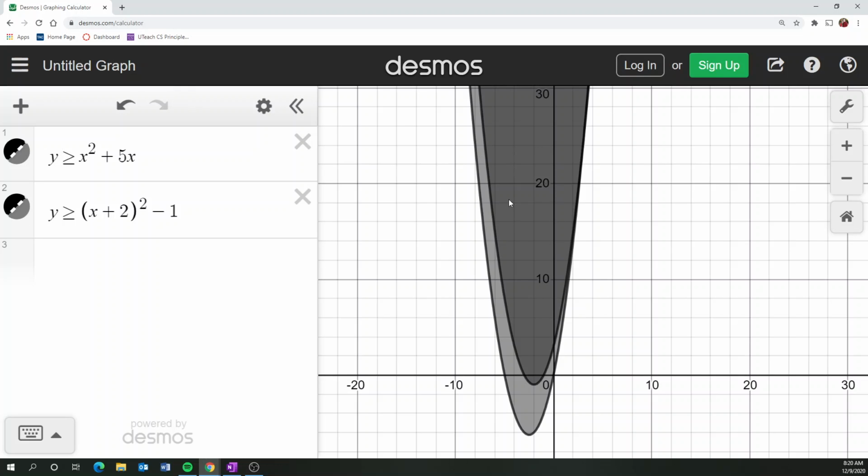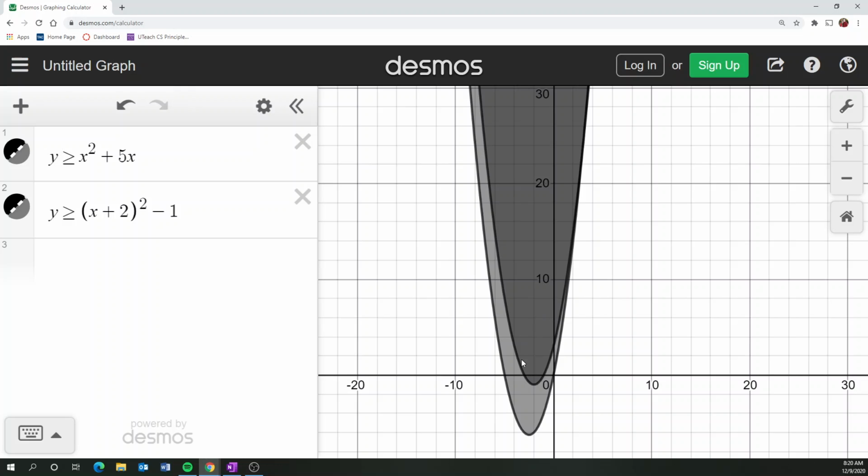So we can see all this dark area in here would work, but none of this area in here would work because that would only be a solution of one of the quadratic functions, and none of this area out here would obviously work because those aren't solutions of either one. So we want it to be a solution of both because it's a system of inequalities.